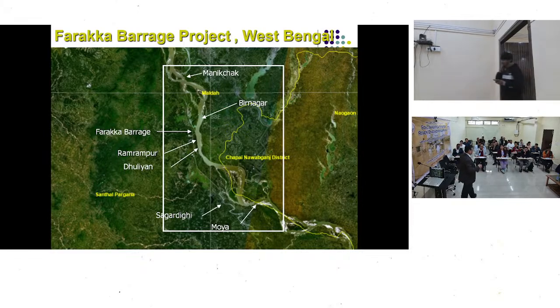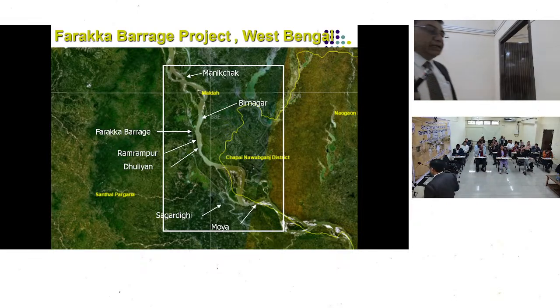From this end, at times it's unable to see the other end. The flow velocities during the flood season are around 5 to 6 meters per second, sometimes even more, and the water depth is around 25 to 30 meters during the flood season. At the end of the day, you see that at times houses are also floating when the flood is there.